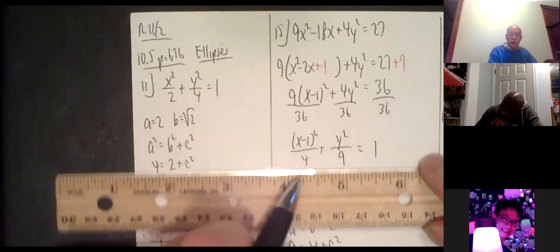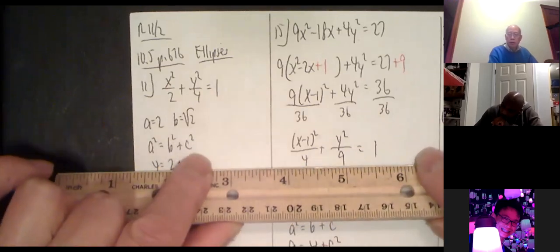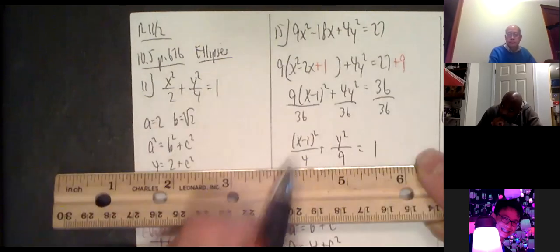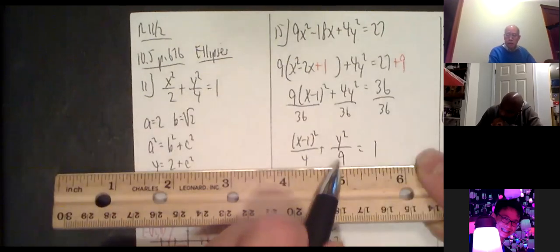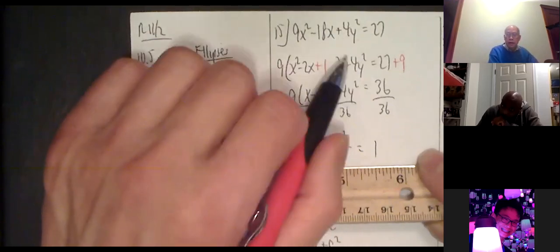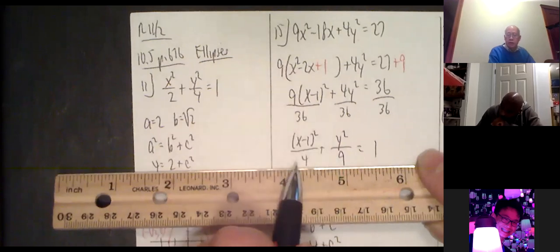Okay, and based on this information, 4, 9. Which way will this bulge? Will it bulge vertically or horizontally? The larger numbers here, that's with the y, so it's going to bulge like that, vertically, because a is 3. I'm going to go 3 up and down, but I'm only going to go 2 left and right.